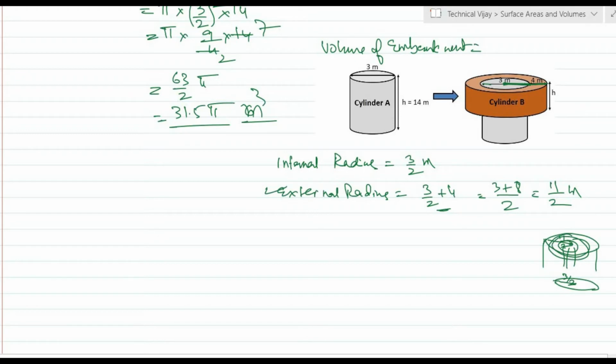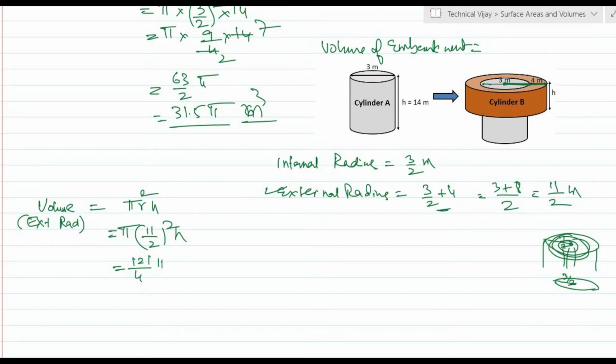So in this way, the volume using the external radius is equal to pi r square h. So here pi into 11 by 2 square into h, I will take h as it is. So this is equal to 121 by 4 pi h.